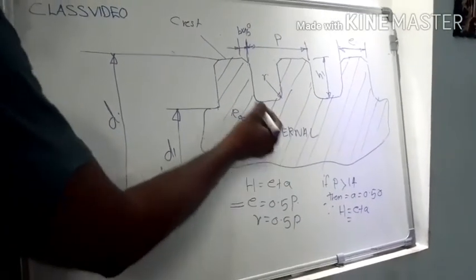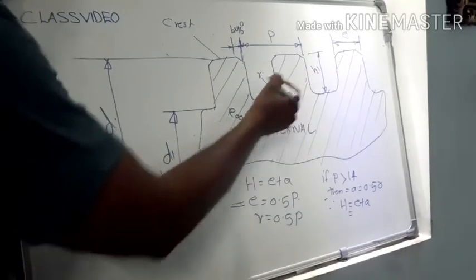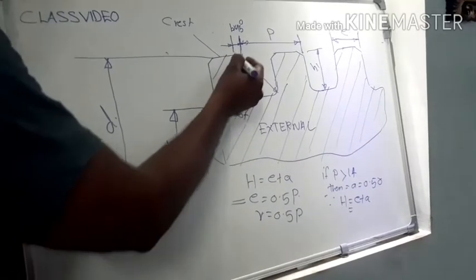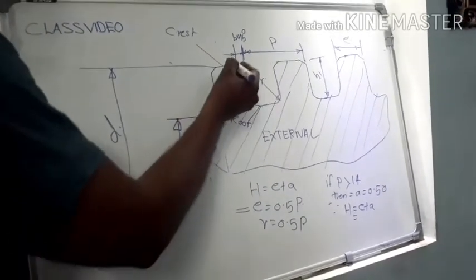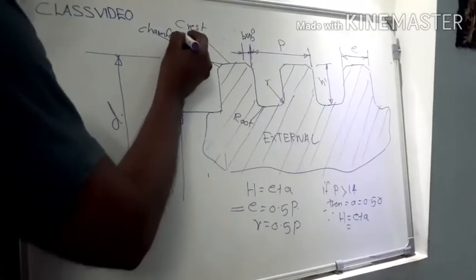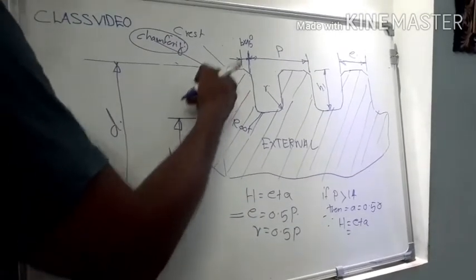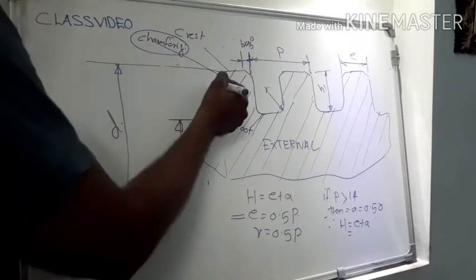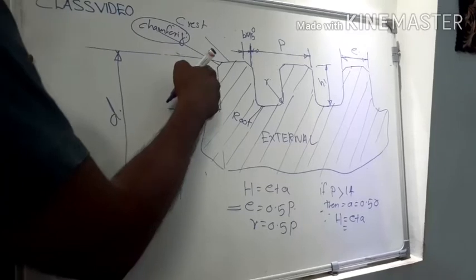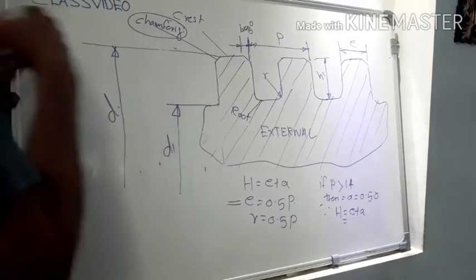In the case of an external thread, the bottom or root surface is rounded in shape, whereas in the case of the crest, its upper sharp edge is removed using chamfering or beveling. To avoid the sharp edge, we have to provide a slanting surface. That slanting surface is called chamfering or beveling. That means the crest edge is beveled at 45 degrees.